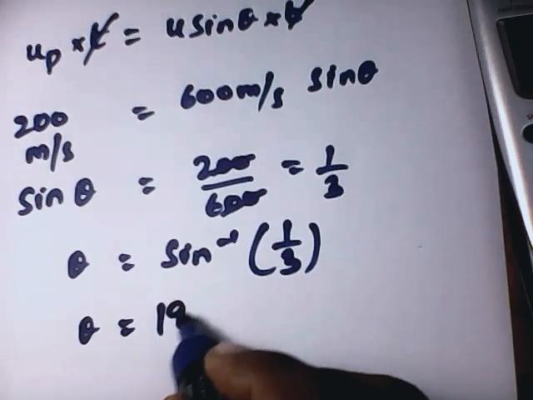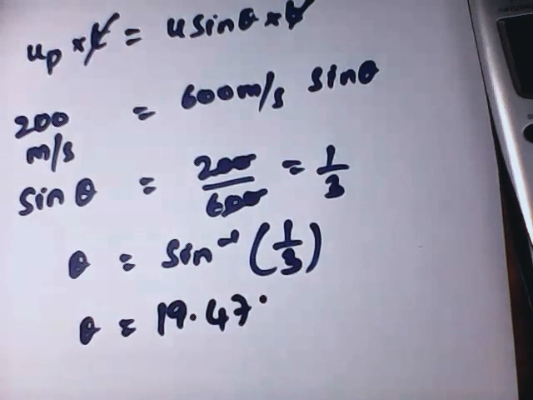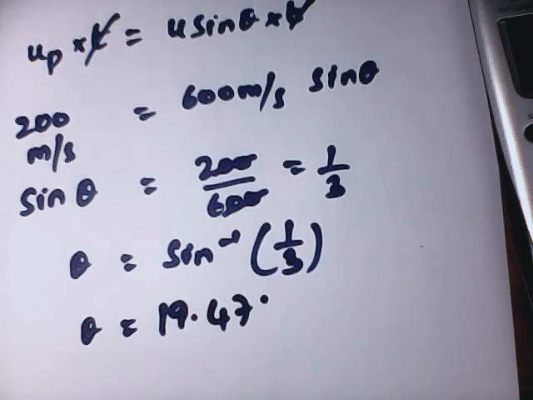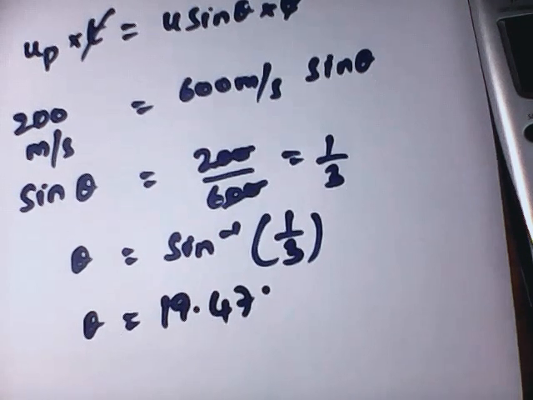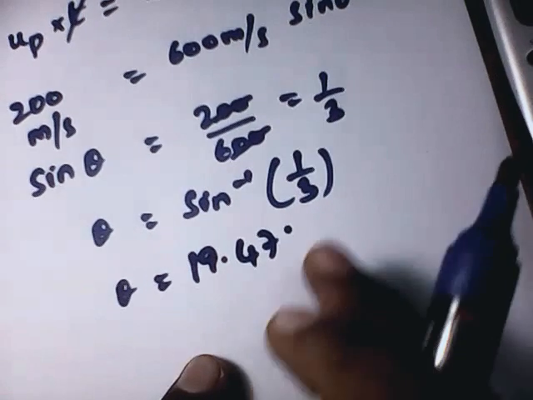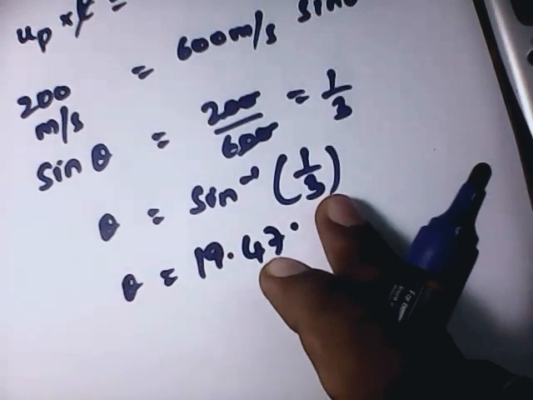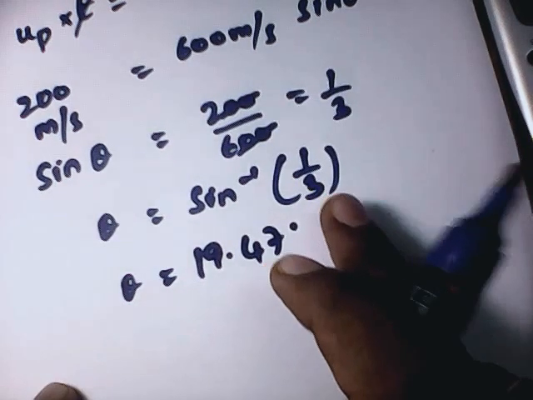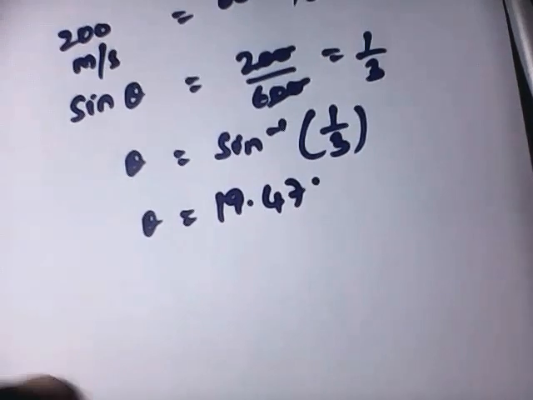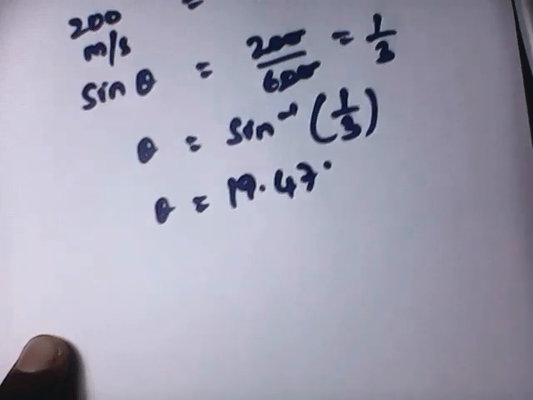Which theta comes to 19.47 degree. You can use the table to find out the sine values based on 1 by 3, that is 0.333. Okay, the value comes to like this.